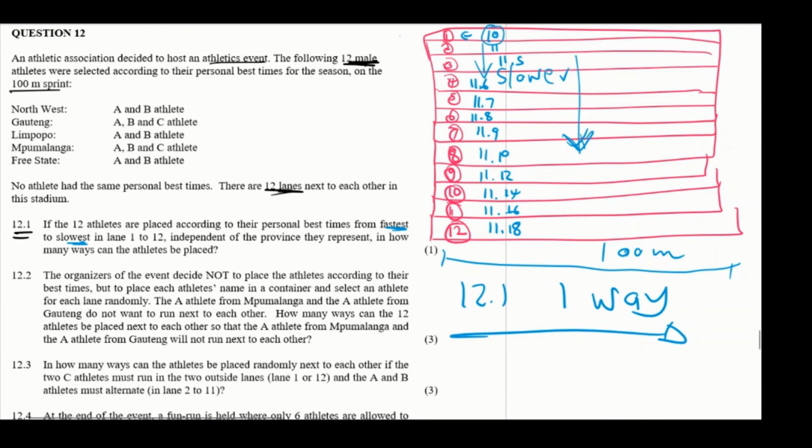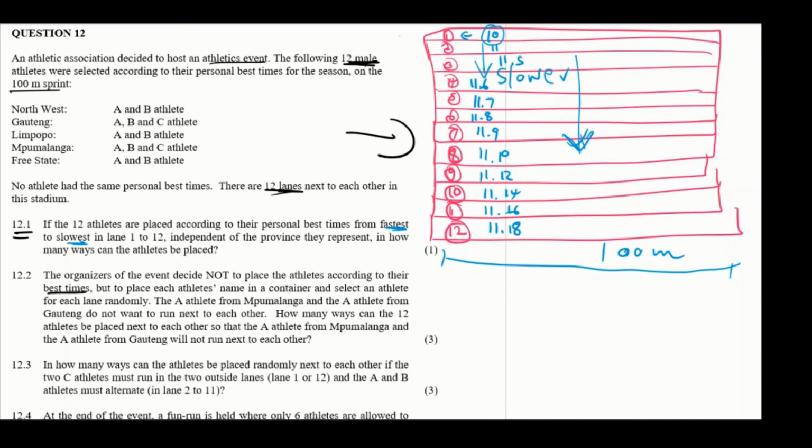Fine. 12.2 says that the organizers of the event decide not to place the athletes according to their best times. So let's say, for an example, you now no longer want to consider placing the athletes according to their best times, but the organizers change. They say, place each athlete's name in a container.